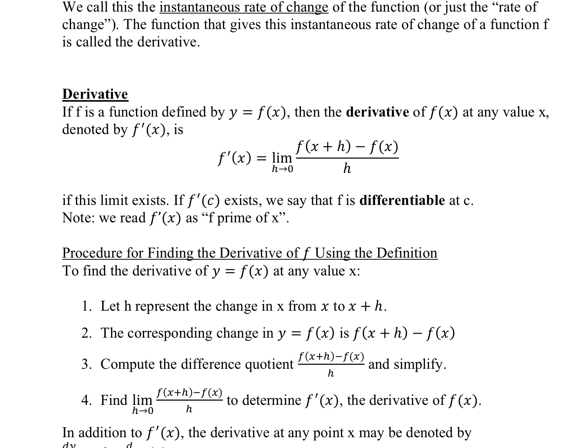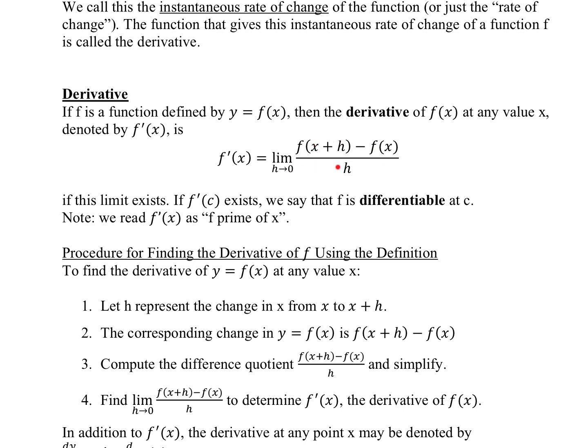Well, let's look at the formalized definition of a derivative, and we'll walk through this, but there's nothing new based on what we have done so far. All right, if we have a function defined as y is equal to f of x, then we are going to define the derivative of the function at any value, and we're going to use this type of notation. The way we read this is f prime of x, and it's going to be equal to that thing we just computed. It's the limit of this difference quotient as h approaches 0.